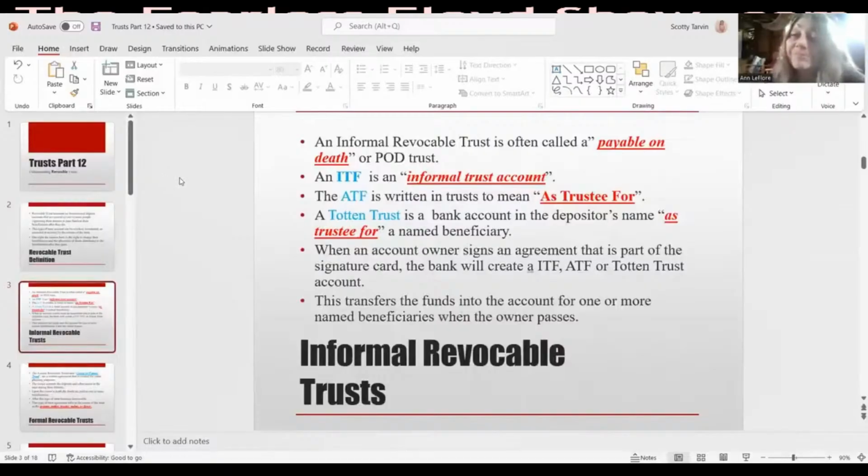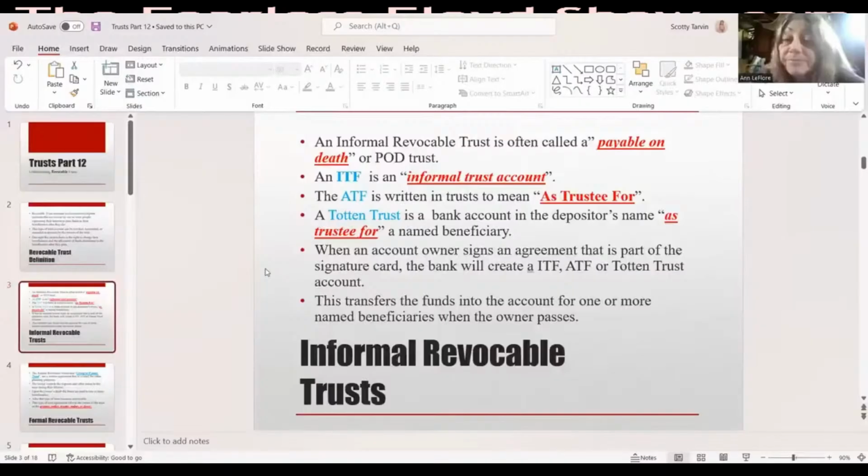Informal revocable trusts. An informal revocable trust is often called a payable on death or POD trust. An ITF is an informal trust account. And the ATF is written in trust to mean as trustee for. A Totten trust is a bank account in the depositor's name as trustee for a named beneficiary.